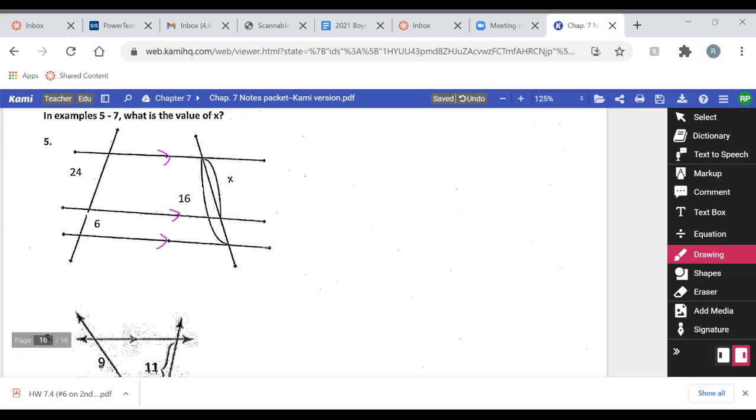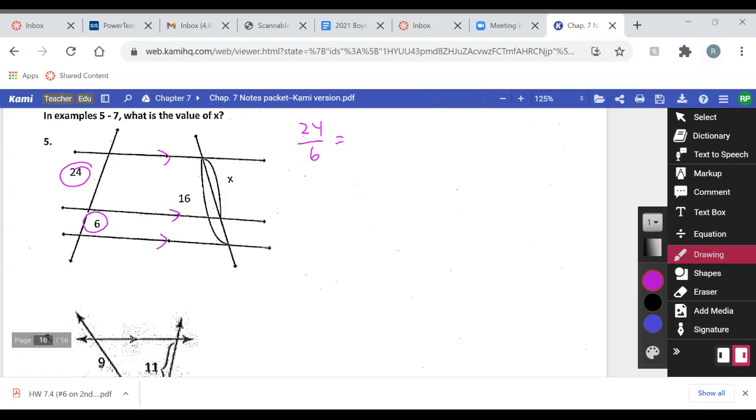So there's 2 different ways I can think of here to set up a proportion. If you want to do the pieces like we've just been doing, then I can say 24 over 6. That's fine. Okay, but then when I come to the right side, the x corresponds with the 24, but then down here I don't have anything.